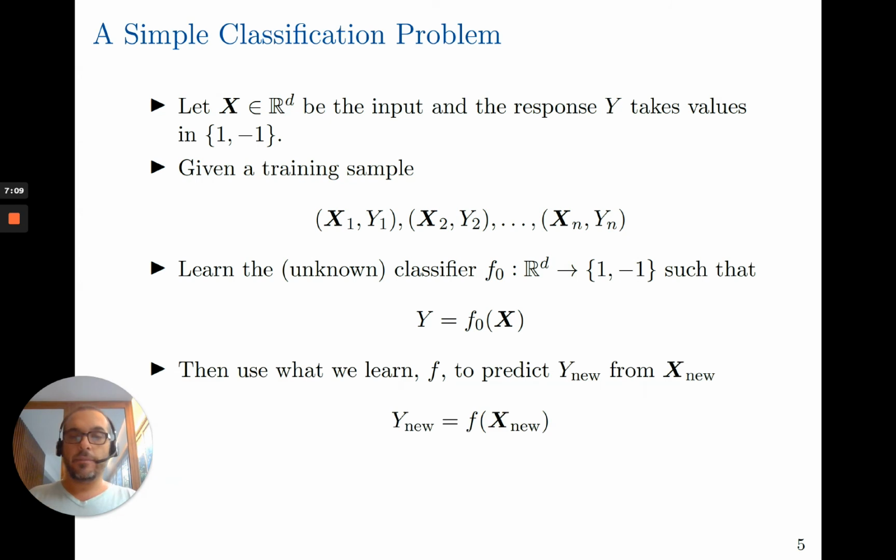If we get a new data point, we want to classify this new observation as being -1 or 1, which class it belongs to, assuming that we have only the x's but not the labels, the y's.